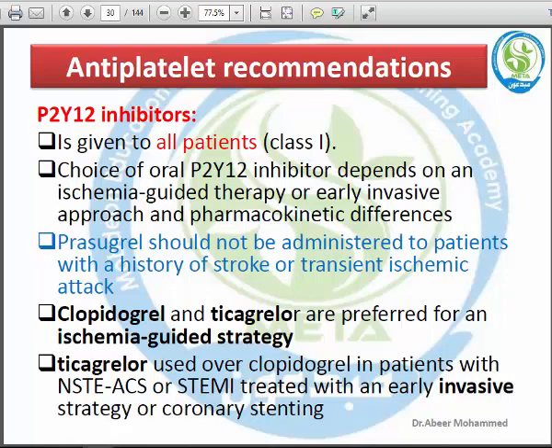That means for example في الكيس إنه عيان داخل primary PCI، في الخيارات عندنا خيار فيه تيكاجريرول، الخيار الثاني كلوبيدوغريل. I would prefer to give the patient the ticagrelor. بختار الخيار اللي فيه ticagrelor over الكلوبيدوغريل.